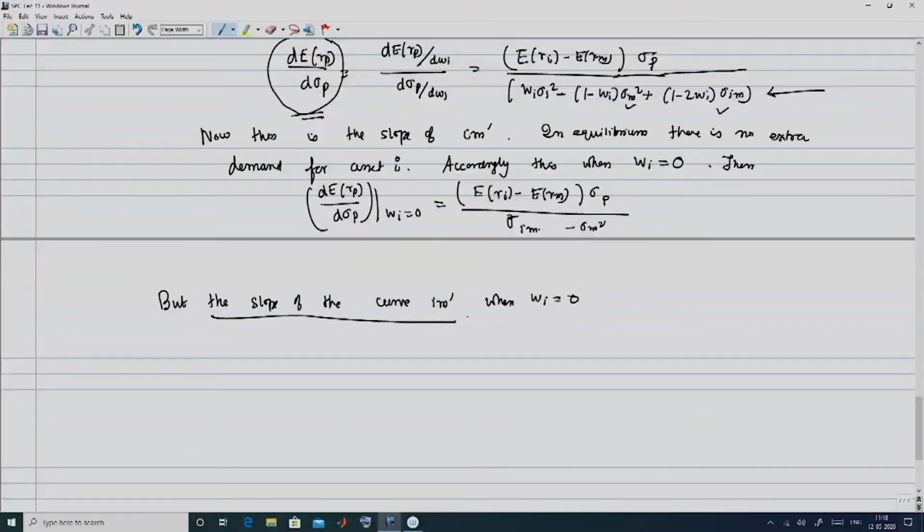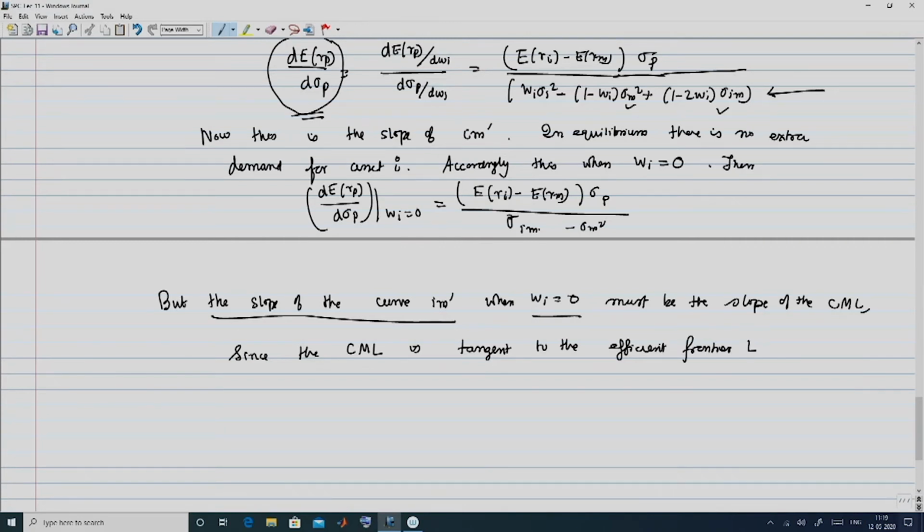Reconciling that, the slope at W I equal to 0 must be the slope of the capital market line, since the capital market line is tangent to the efficient frontier, which I have identified as E F at the point M, and also EF is tangent to I m prime at M.